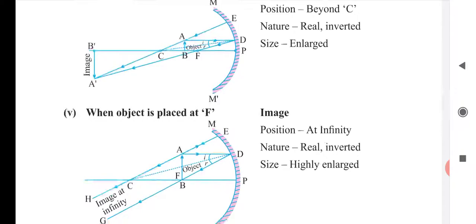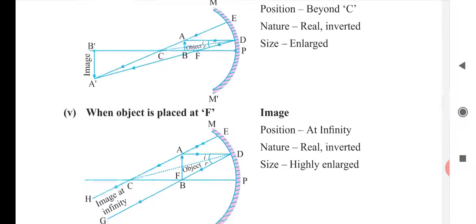From the figure, the two reflected rays are parallel. If the reflected rays are parallel, they never actually meet, but we consider that they meet at one point, that is at infinity. So the image in this case is formed at infinity. As it is going downwards, we take the nature of the image as real and inverted.